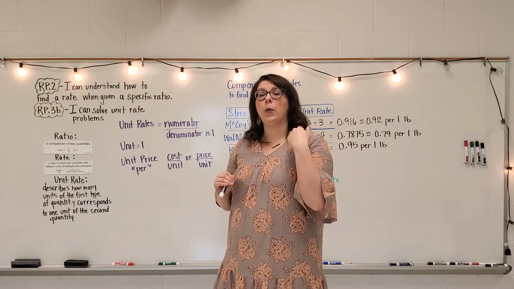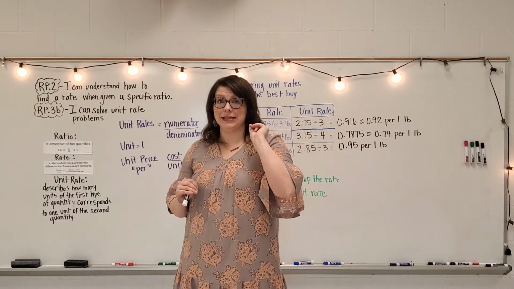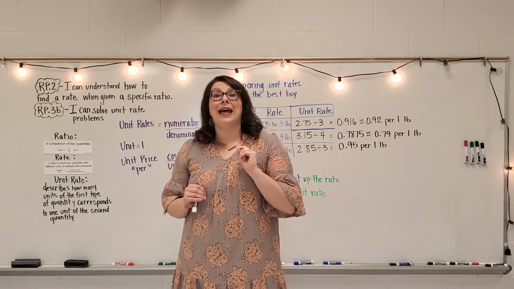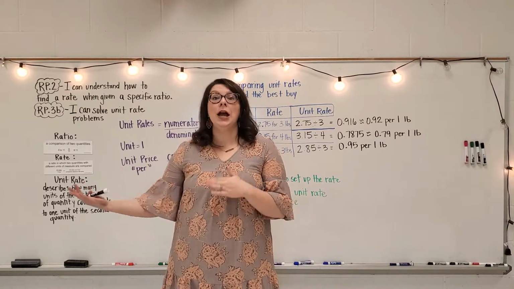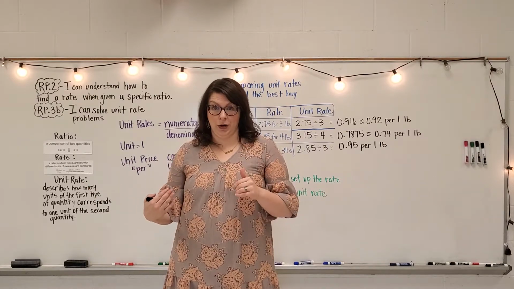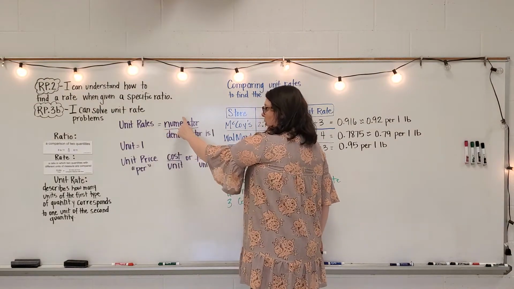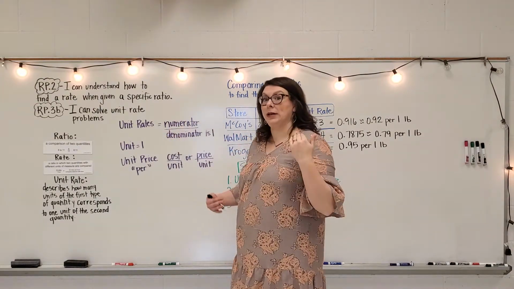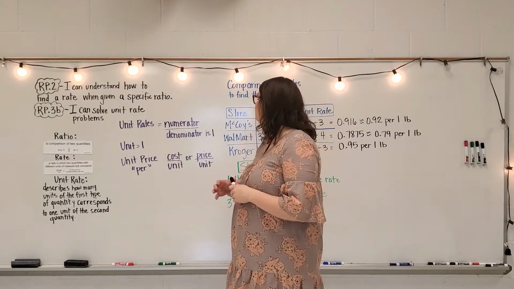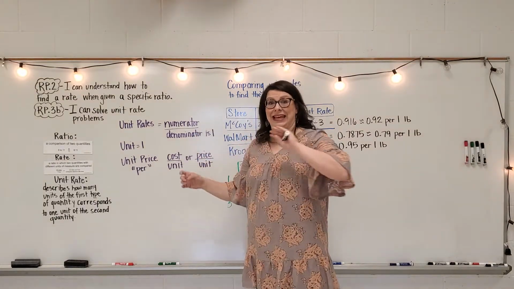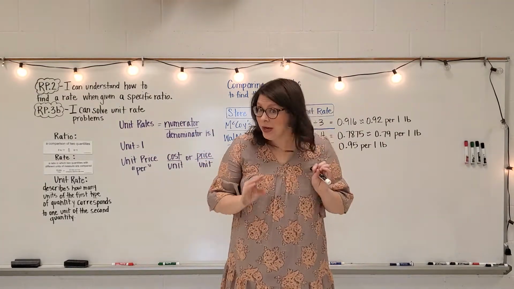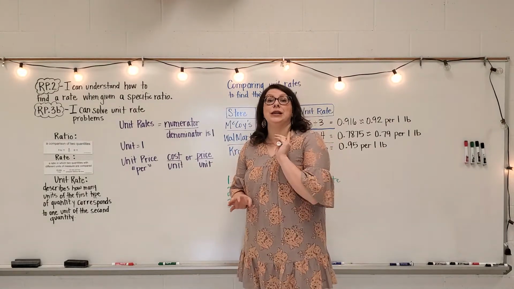So if our second quantity is equal to 1, then that means that our denominator is equal to 1 in a unit rate. Okay, so in a unit rate, we can write it as the numerator over the denominator, or the numerator being divided by the denominator. And if it's truly a unit rate, the denominator is 1.